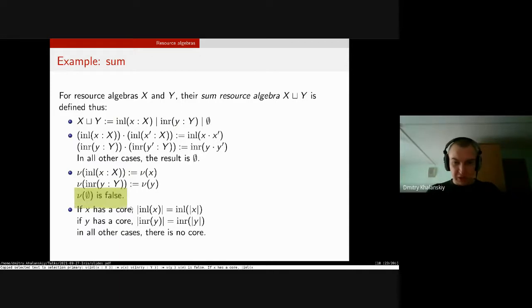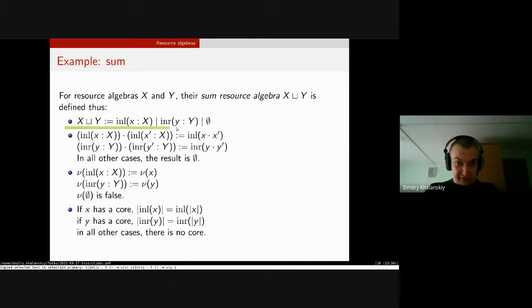The invalid value is invalid. If the sum wraps a value X of a resource algebra X, then the whole sum is only valid if the wrapped value is valid, and ditto for Y.